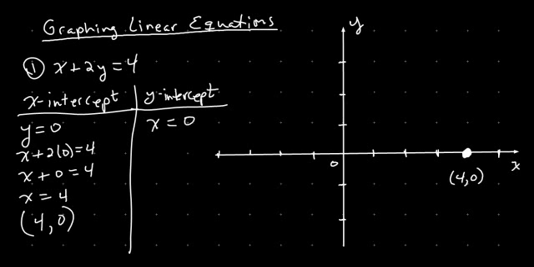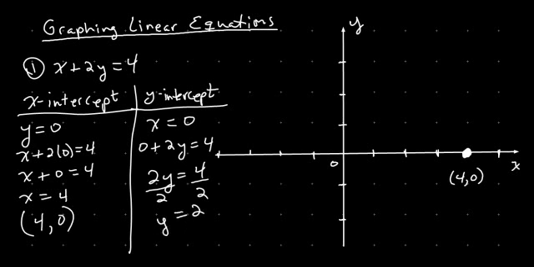And so I get that 0 plus 2y equals 4. We get that 2y equals 4. And now I need to get y by itself, so I divide both sides by 2. And we get that y equals 2. And we know that x was 0, so this gives me the ordered pair 0, 2.